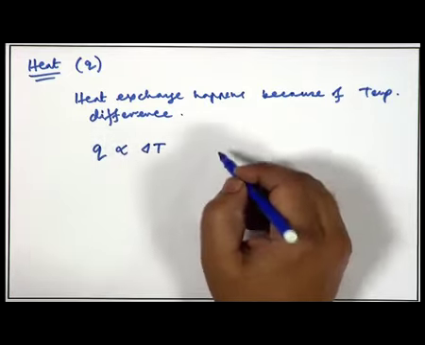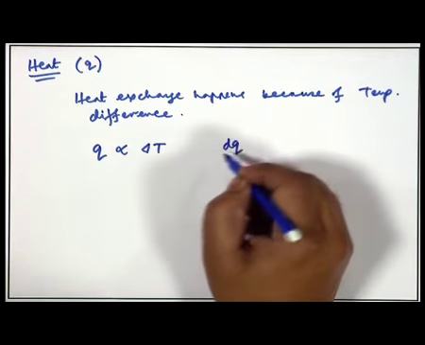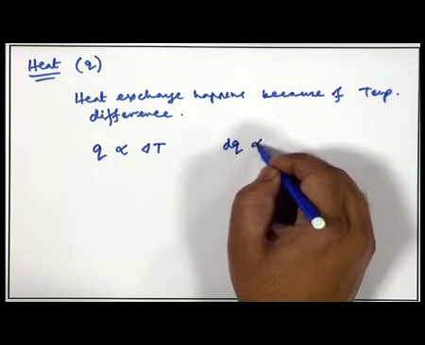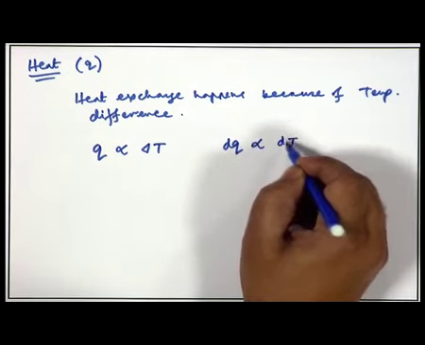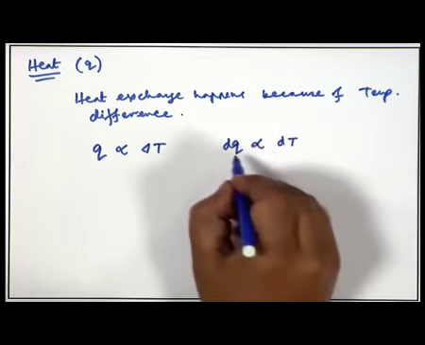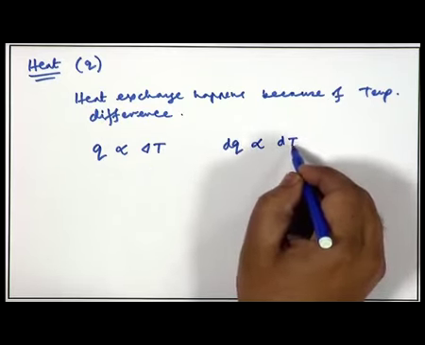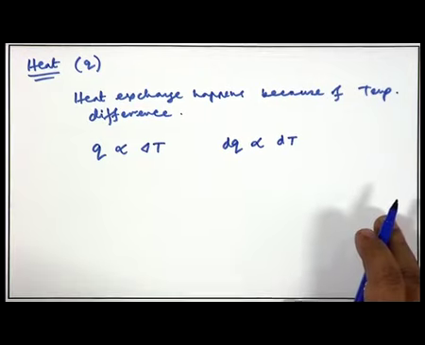and if we consider a small change, then we can write dq, which is the small value of q, and dT is a very small value of temperature difference.